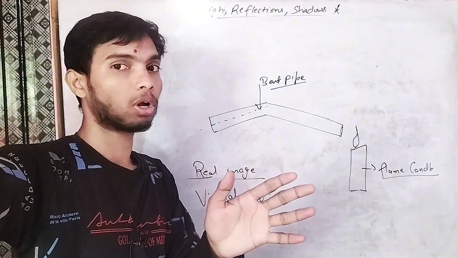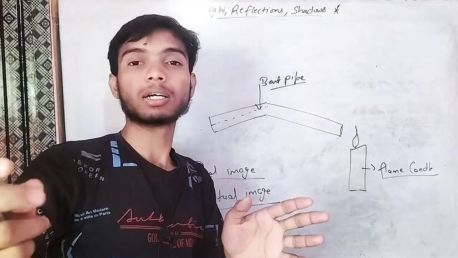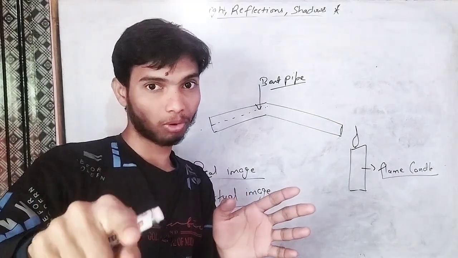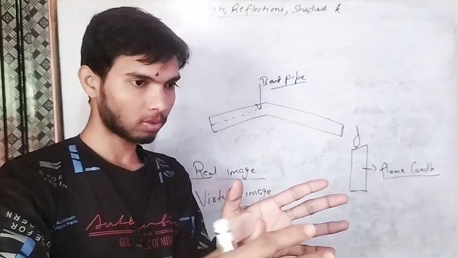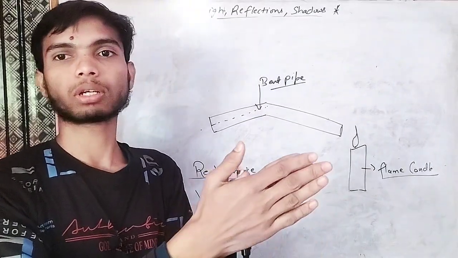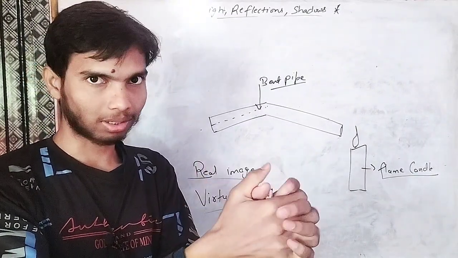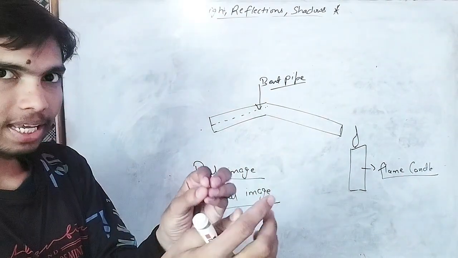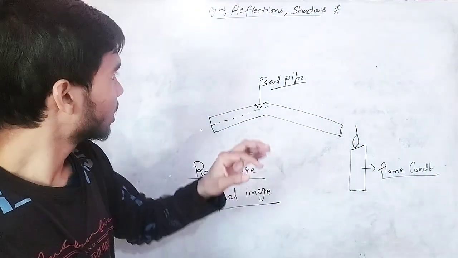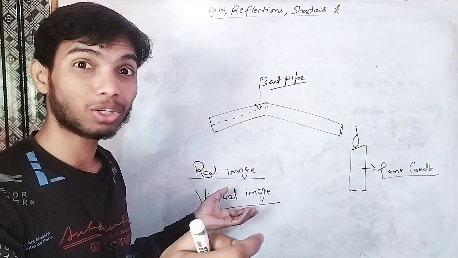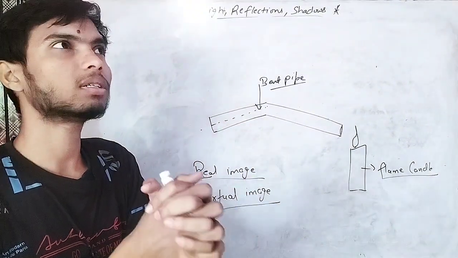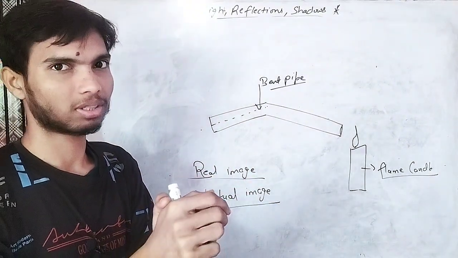Light coming from that source will hit the surface of the chair. So can we see the image of this chair on this board? No, we will not see the image of this chair.